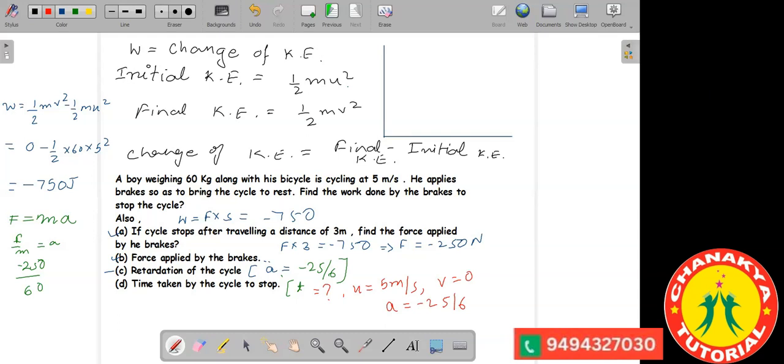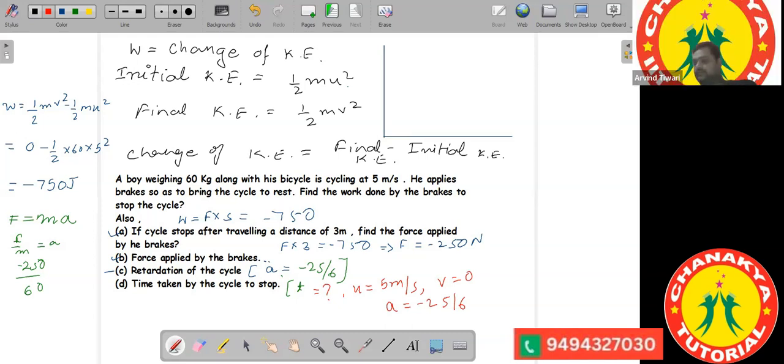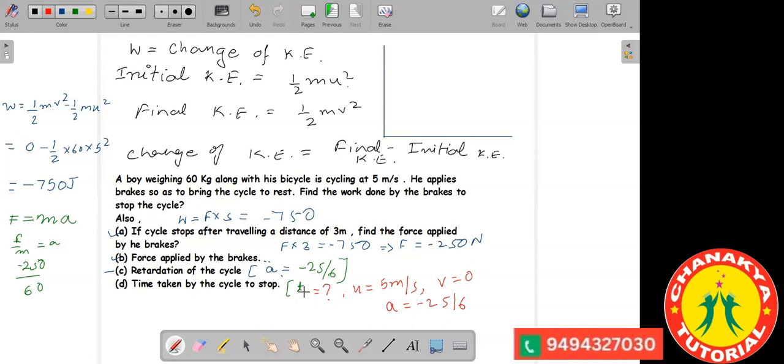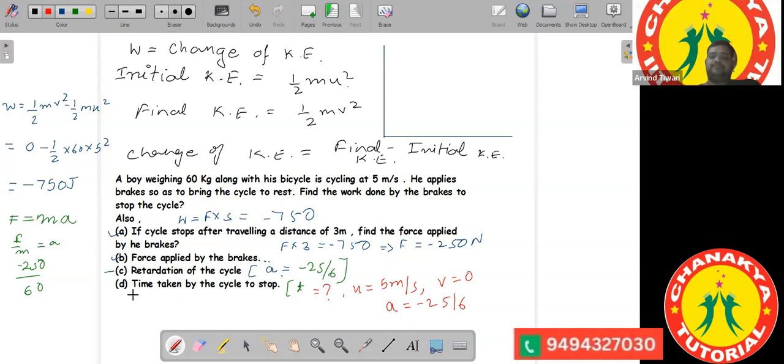So 6 by 5. Yes. So 6 by 5 is 1.2. So that's 1.2 second. The cycle will take a time of 1.2 second to stop.